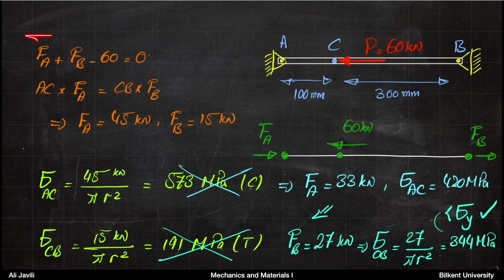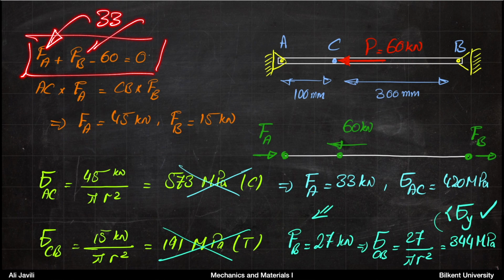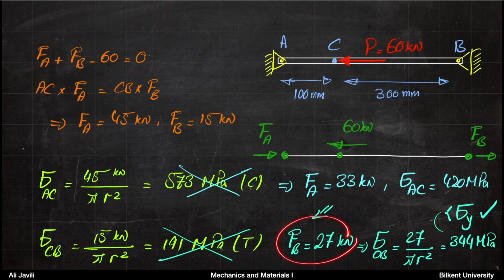So remember, we have this equation: the sum of the two forces should be 60 kilonewton. Now because you know FA is 33, you know that FB would be 27. Considering that FB is 27, the stress in CB would be 27 divided by area, which is 344 megapascal, and that is less than yield stress, and that is valid.